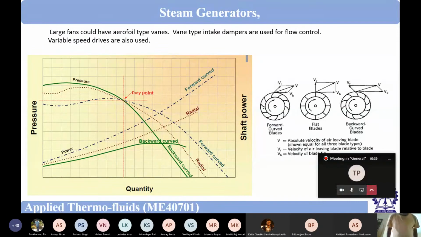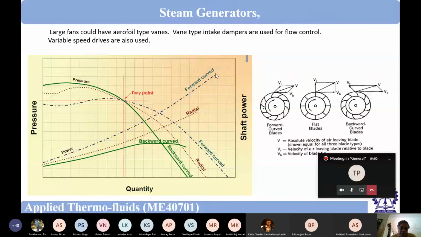This is called the delta P-Q curve, and in case of a pump, this is called the H-Q curve, the head and discharge curve.